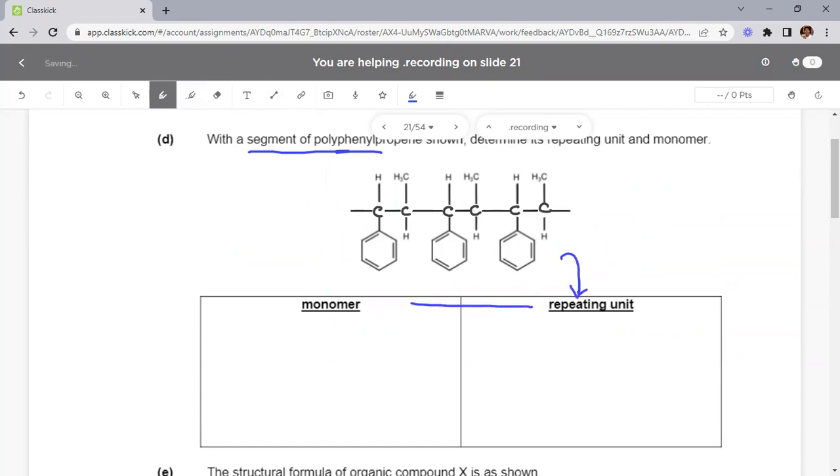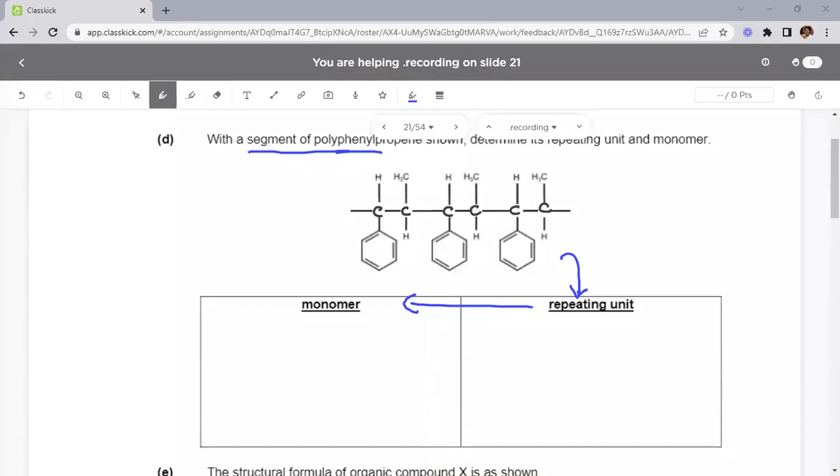Once you get the repeating unit, I want you to find what is the monomer. So do it step by step. I'll give you all until 12 a.m. to try this out. Please carry on. Let me pause the recording.